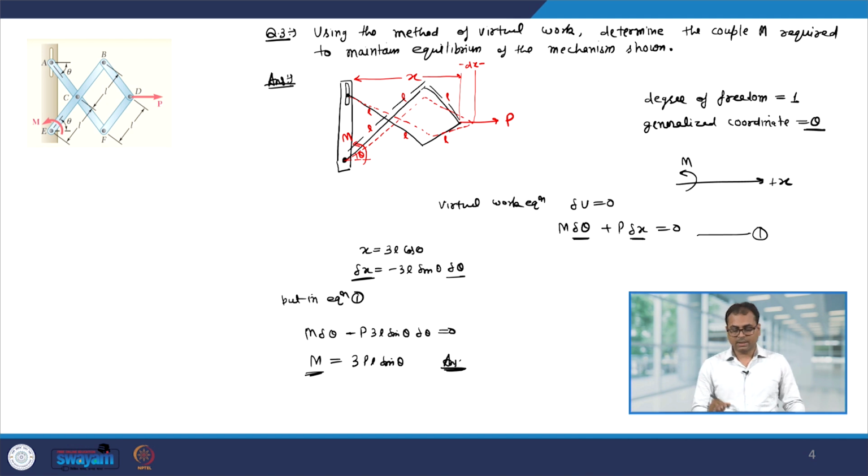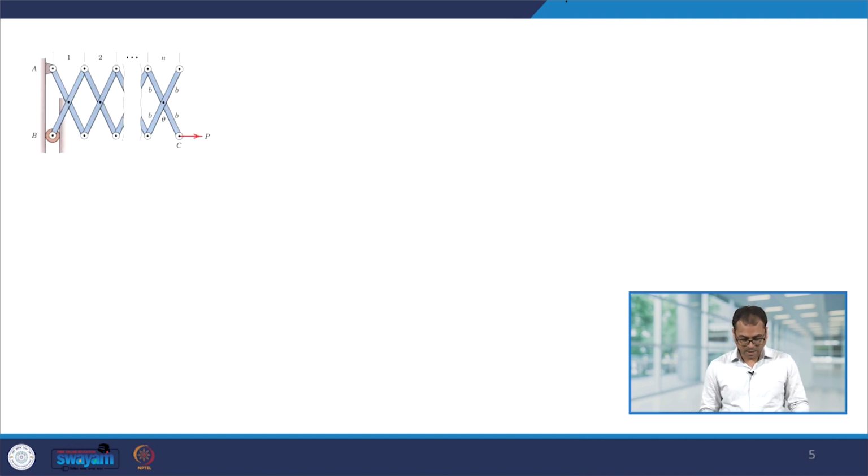Now, let us look at the generalization of this example, and here the problem statement is the following.